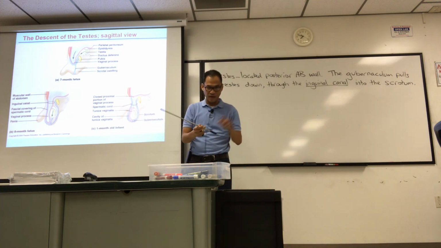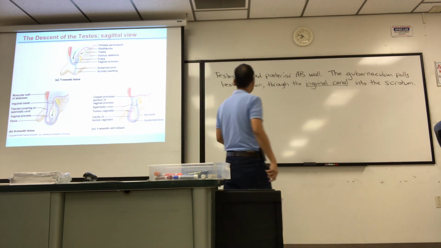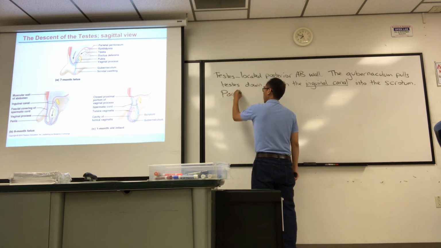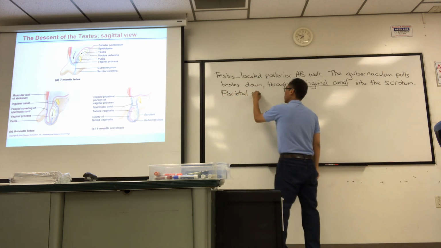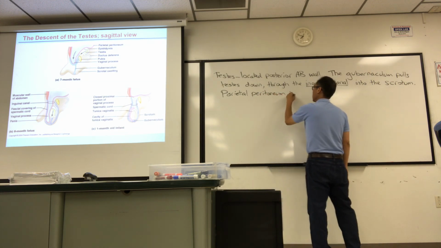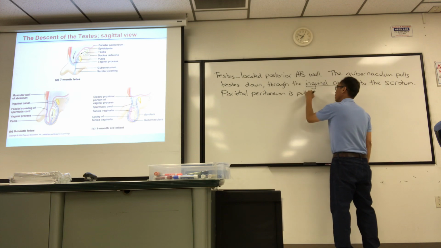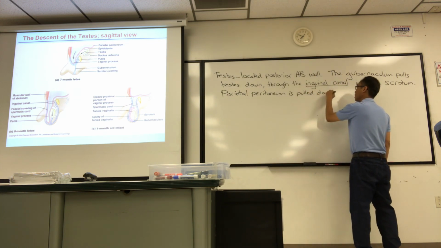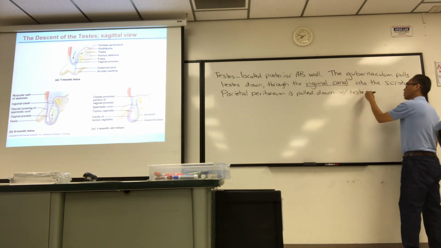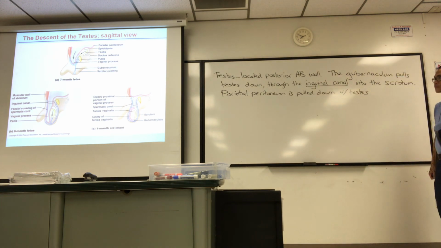So we should know the tunica vaginalis. So what I'm writing is parietal peritoneum is pulled down with testes, piece pinches off and forms tunica vaginalis.